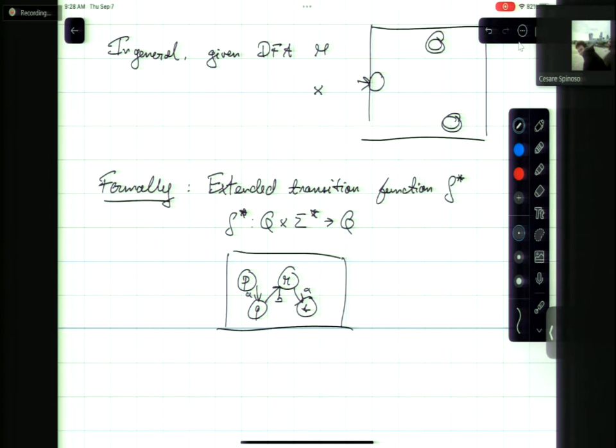Then what the extended transition function is able to do is say, if I'm at P and I read ABA, the whole string, then I know that I'm going to end up at S. Because I'll take this A to go to Q, this B to go to R, and this A to go to S. Okay? And so this is what the extended transition function allows me to do. It allows me to talk about strings, which I need to do to talk about the language accepted by the machine. Okay? And so the formal definition for this is by induction.